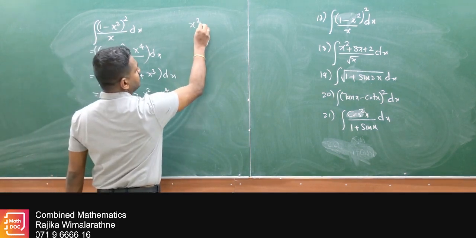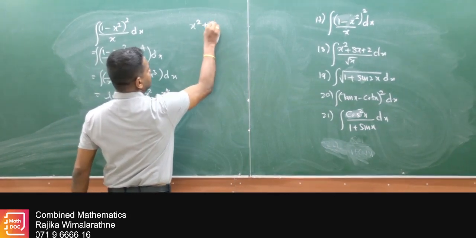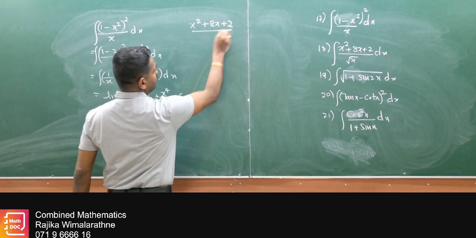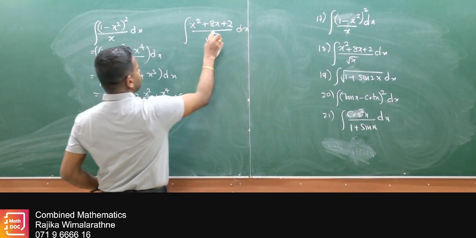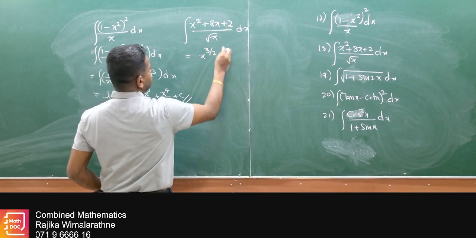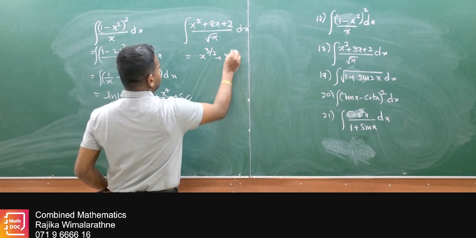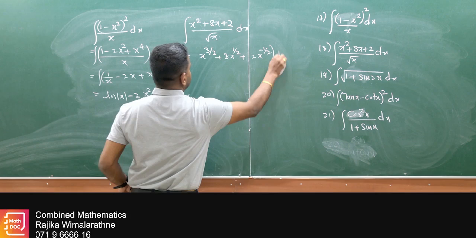Next, x squared plus 8x plus 2 over root x. Here we get x to the power 3 over 2 plus 8 x to the power half plus 2 x to the power minus half dx.